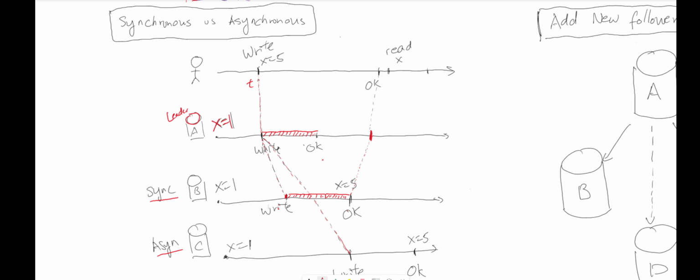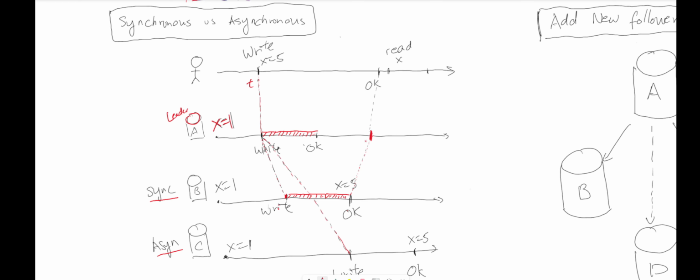Synchronous tells the cluster, and tells the application developer, that this cluster needs to wait for its follower to also commit that value before saying that this value is committed.